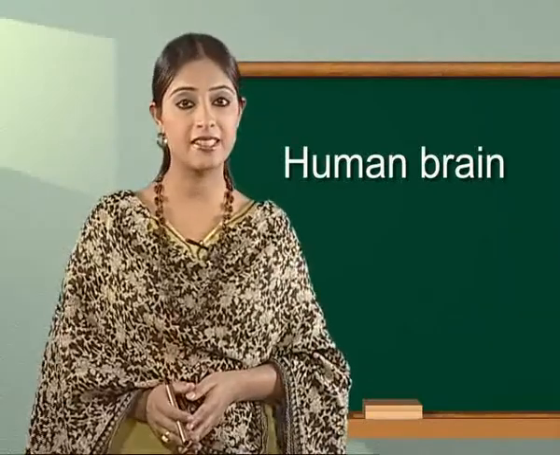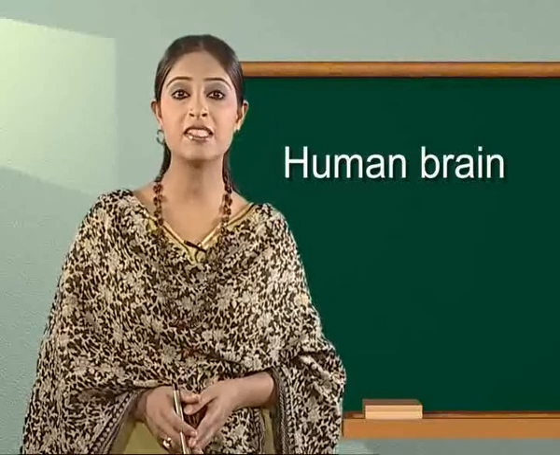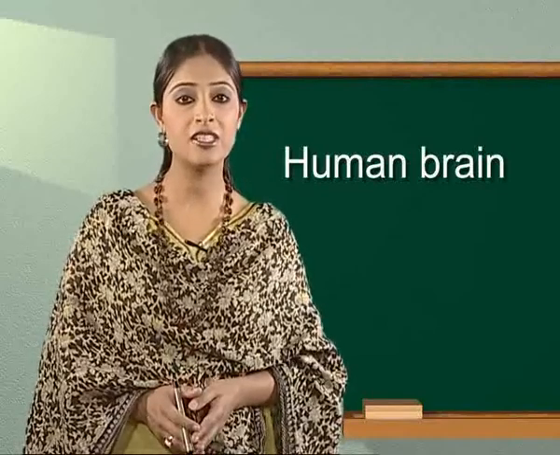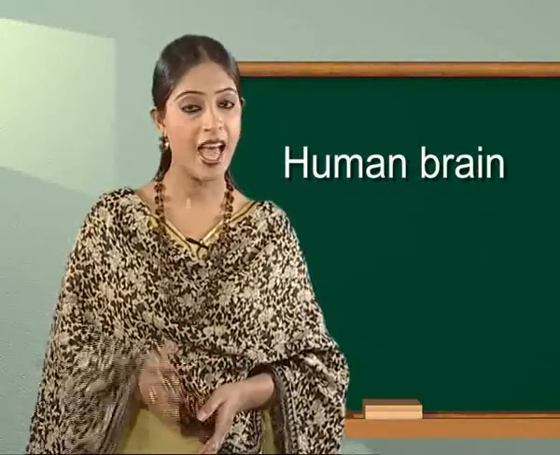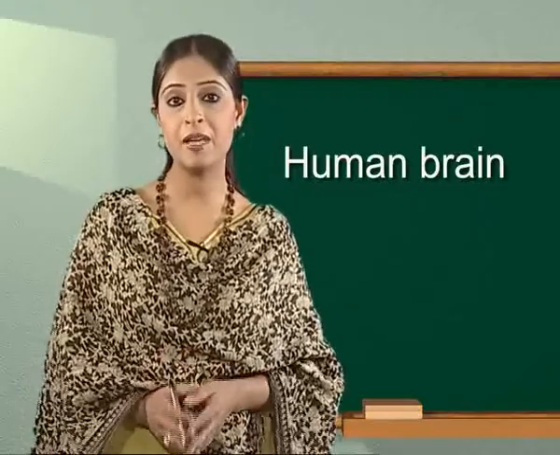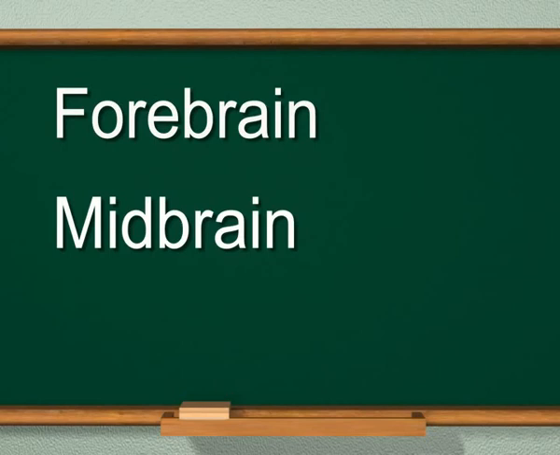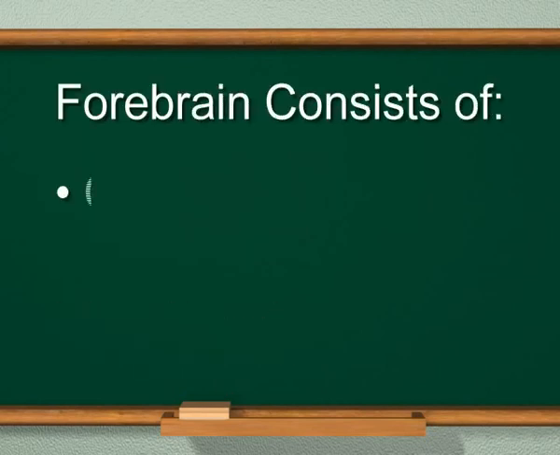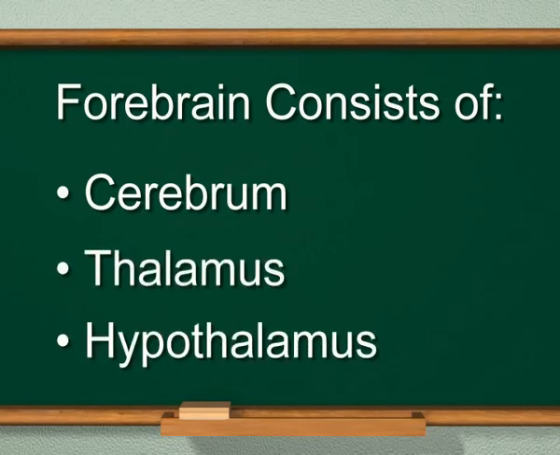Given this complexity, it should not be surprising that most of our body's voluntary and involuntary actions are controlled by the brain. As I told you earlier, the brain is made up of three main parts: the forebrain, midbrain and hindbrain. The forebrain consists of the cerebrum, thalamus and hypothalamus.